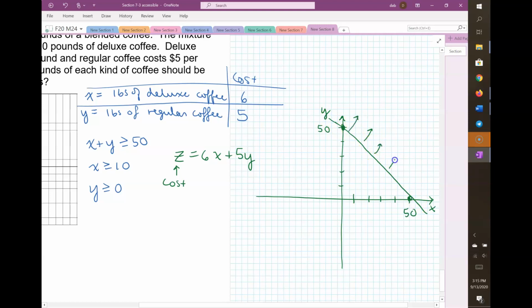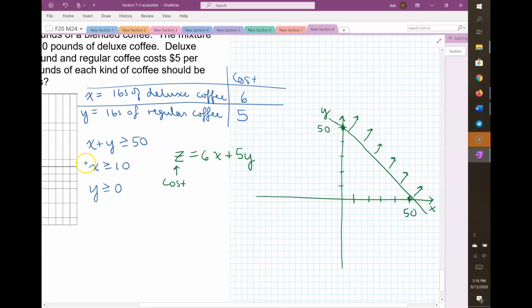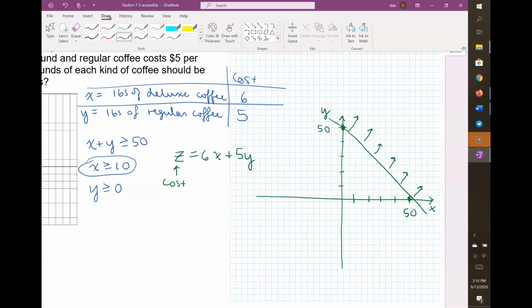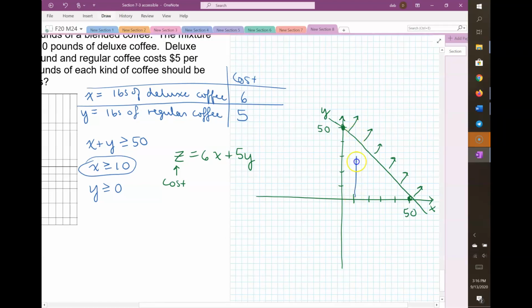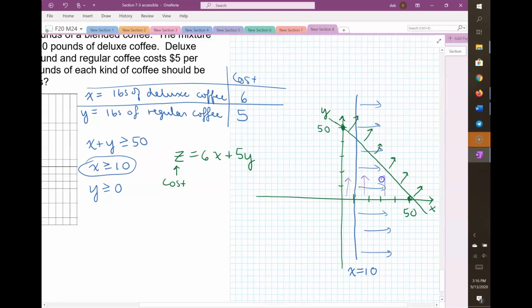And then we have also the requirement that x be at least 10. So here's x is 10. And we want values of x that are greater than 10, so we find those to the right. And then we want positive y values, so we're going to find them above the x-axis. So here is our feasible region.